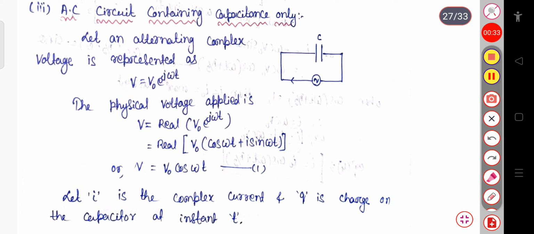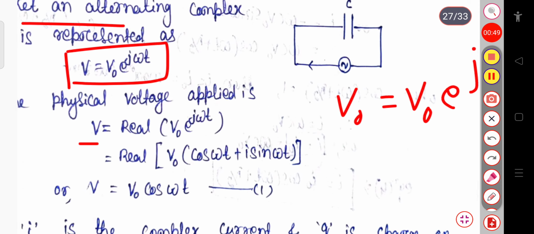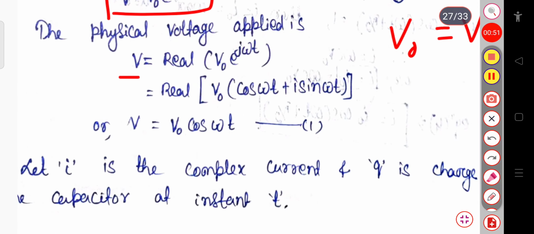Now let us start. Let us consider an alternating complex voltage, that is V equal to V naught exponential j omega t. For the physical voltage, this can be written as V equal to the real part of V naught exponential j omega t, where V naught is the peak voltage.